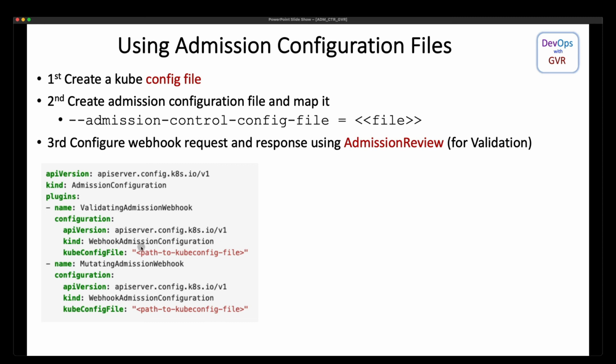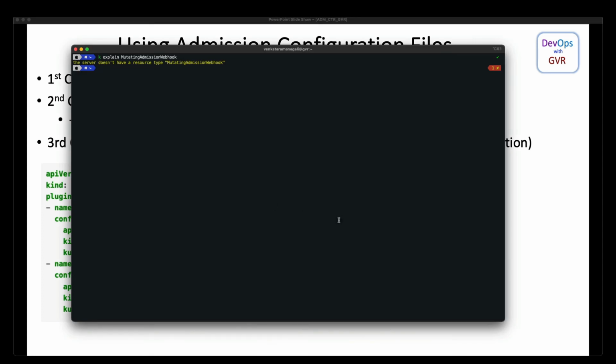And those validating webhook configurations I will create, and in those configurations I will specify one kubeconfig file. This kubeconfig file and the default kubeconfig file are different.